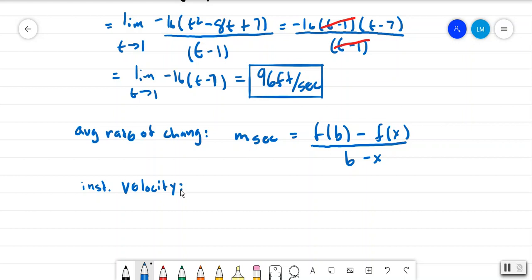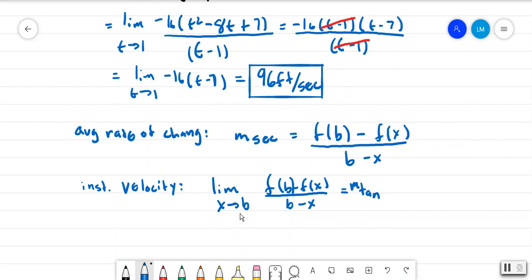Essentially that's really just taking the limit as x tends to b of f of b minus f of x all over b minus x. Now, this is actually equal to what we call the tangent, so we can say that this is the slope of the tangent. So these two are related, but it requires taking the limit.